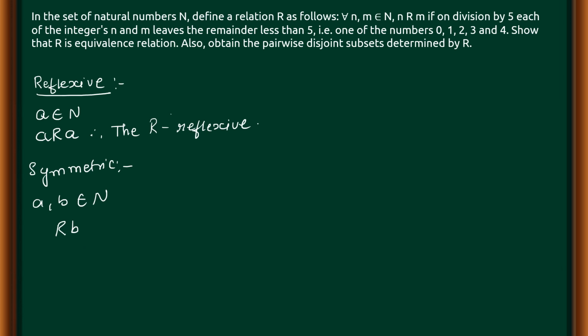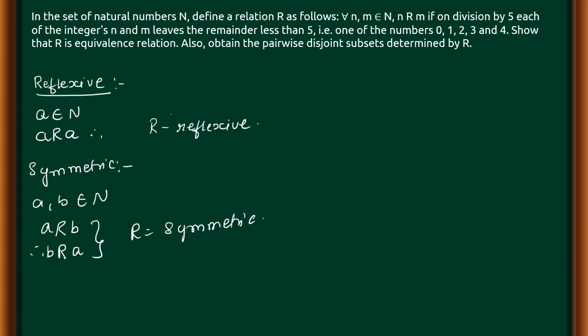So that means if A is in relation with B, then obviously B is also in relation with A. Because both of them will be divisible by 5 and both of them will give us the remainder 0, 1, 2, 3, 4, 5 and fulfill the given condition. So therefore we can say relation R is symmetric.